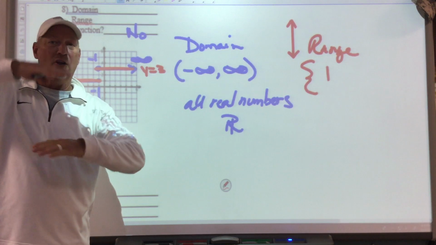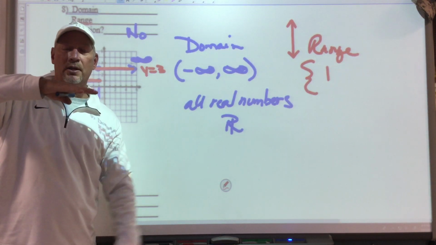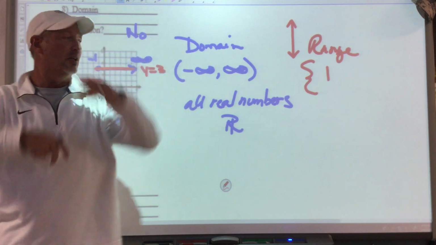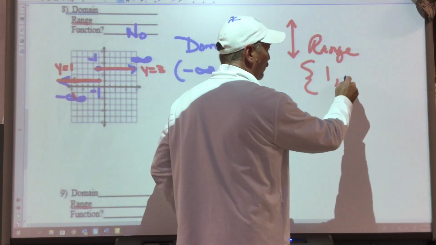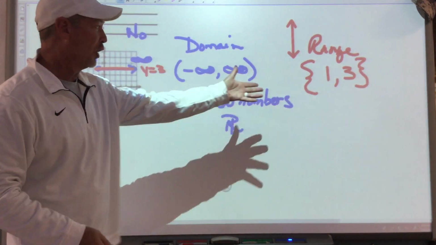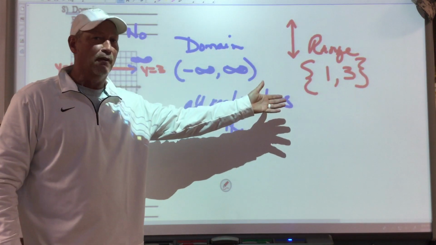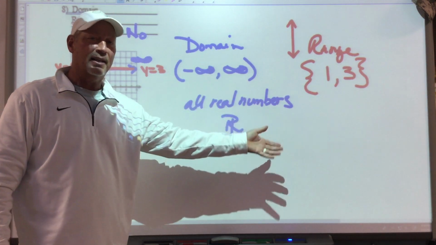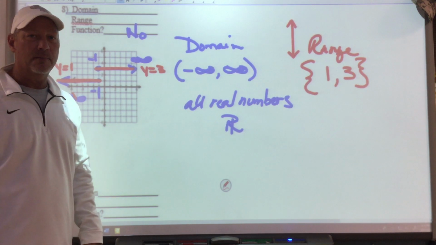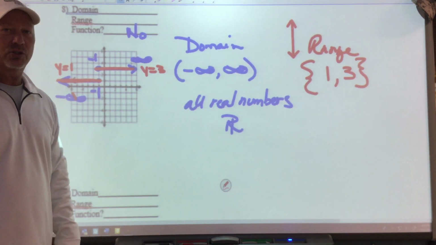That's how high I go. I'm either stuck on this line at 1, or I'm stuck on this line at 3, but nowhere else. Those are my only two options for my range, for my y values. That's all I get. And I cannot write that in interval notation. I cannot write that as an inequality. Those are my only two choices. That's all I get. That would be your domain and range.